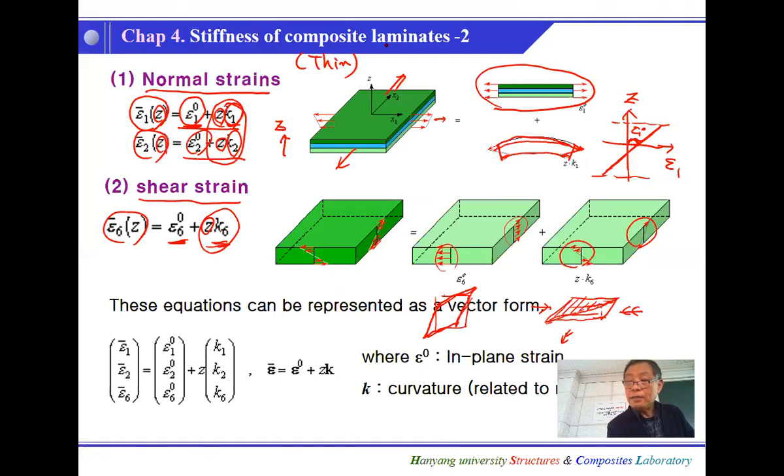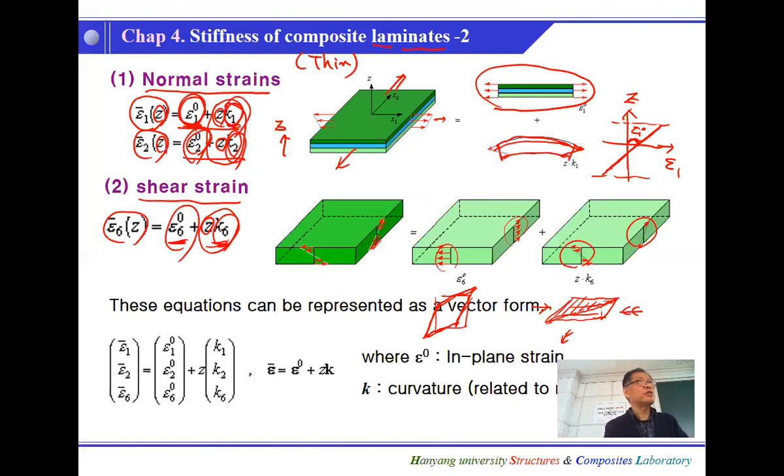So laminates, they are bonded together, they deform together. So mathematically, we do need 6 terms. 1, 2, 3, they are all constant terms. And these K1, K2, K6 are related to curvatures.